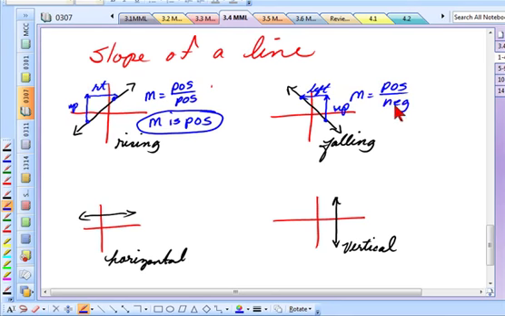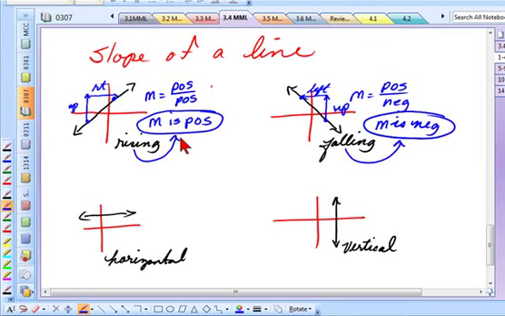That'd be the same. But either way, if you have one that's positive and one that's negative, what are you going to get? M is negative. For a falling line, the slope is negative, whereas for a rising line, the slope was positive. And that is a nice thing to remember.